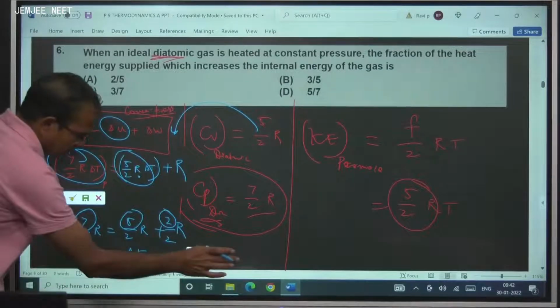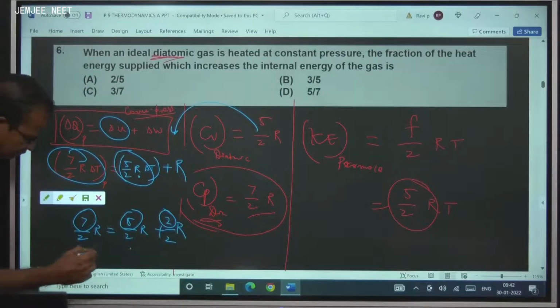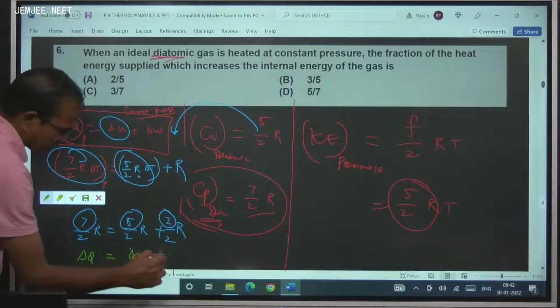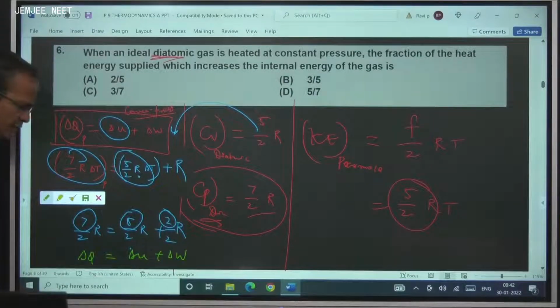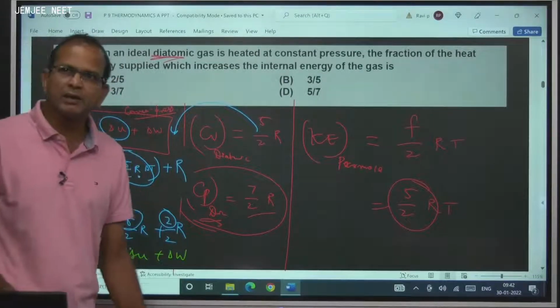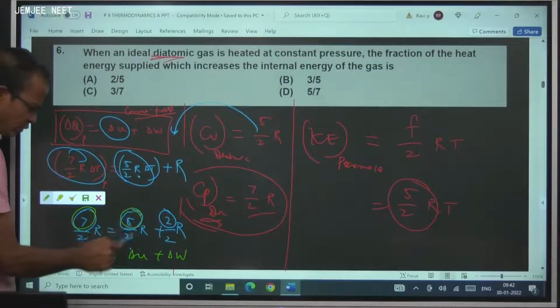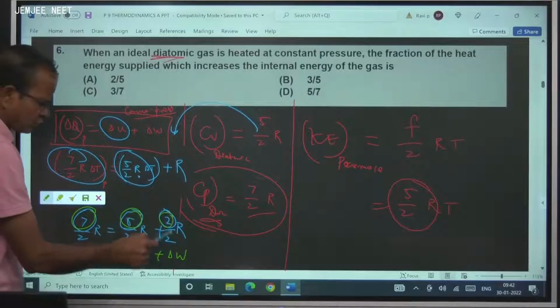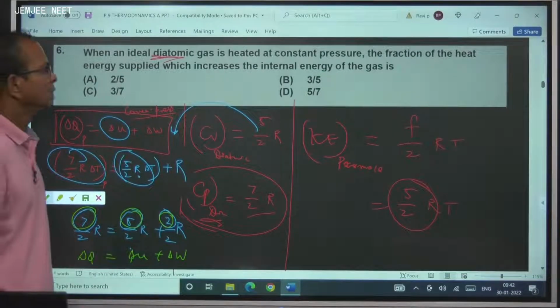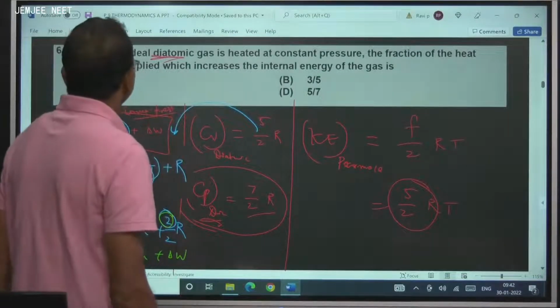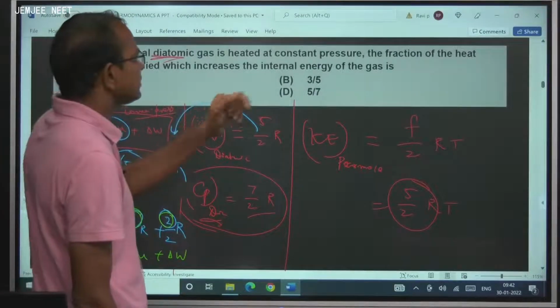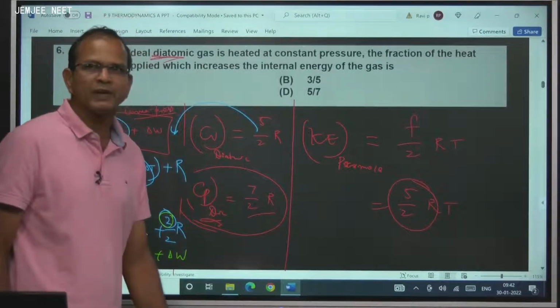இங்க பாருங்க. Delta Q is equal to delta U plus delta W. So இதெல்லாம் நீங்கள் மனப்பாடமே பண்ணிடலாம். For diatomic, if you give 7 joule of heat, 5 joule will go for internal energy, 2 joule will go for work done. அப்போ என்ன கேட்டாங்க போங்க, energy supplied increases the internal energy of gas, percentage of part of energy that supplies.